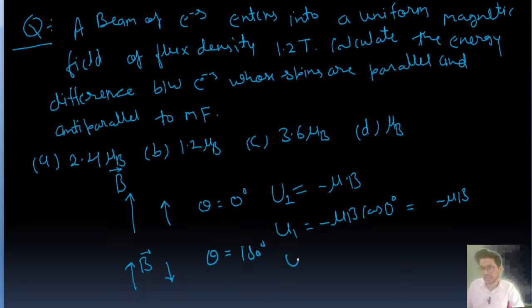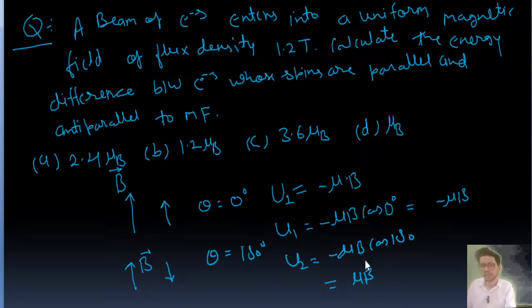So in that case, U2 is going to be minus mu b cos 180. Cos 180 value is minus 1, so U2 value is going to be plus mu b. So this is U1 and U2.